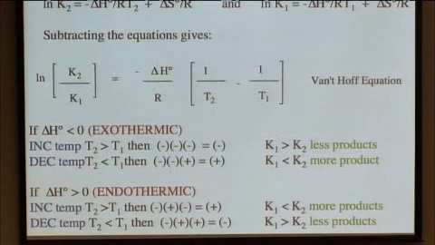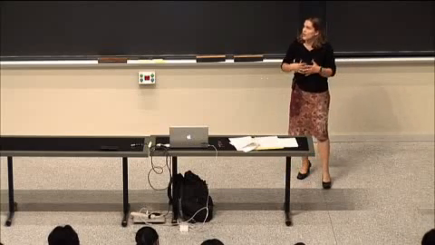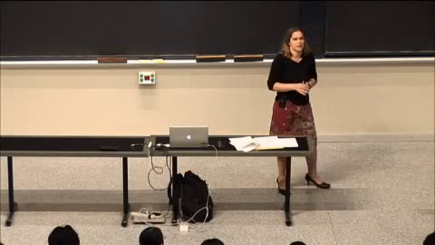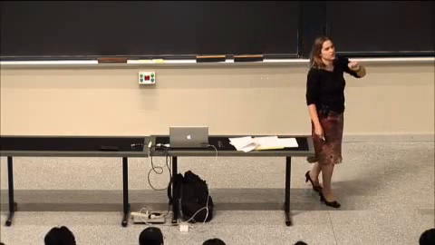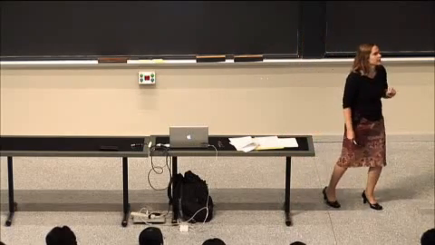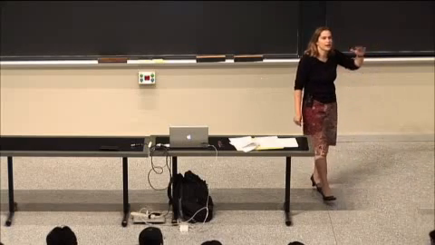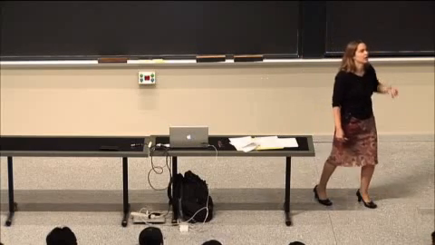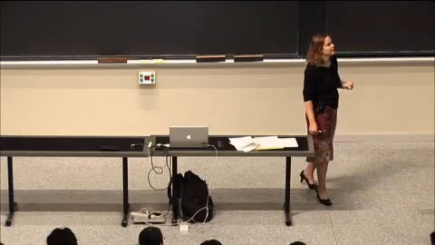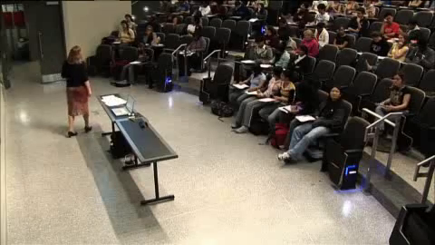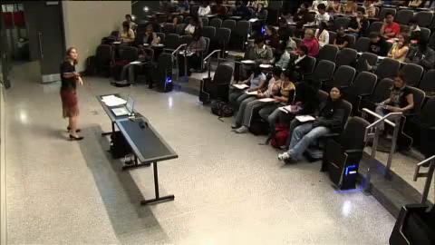So the second equilibrium constant is greater than the first when you increase the temperature. That would favor the endothermic direction. If you're increasing the temperature, it favors the endothermic direction of the reaction. So you could think about the ratio having more products at that new equilibrium constant at that higher temperature. So that one was also true.